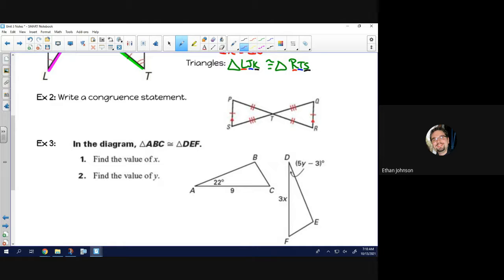So for this problem, we'll say triangle something is congruent to triangle something. Let's say triangle PTS. Go and pause the video and see if you can name the other triangle.